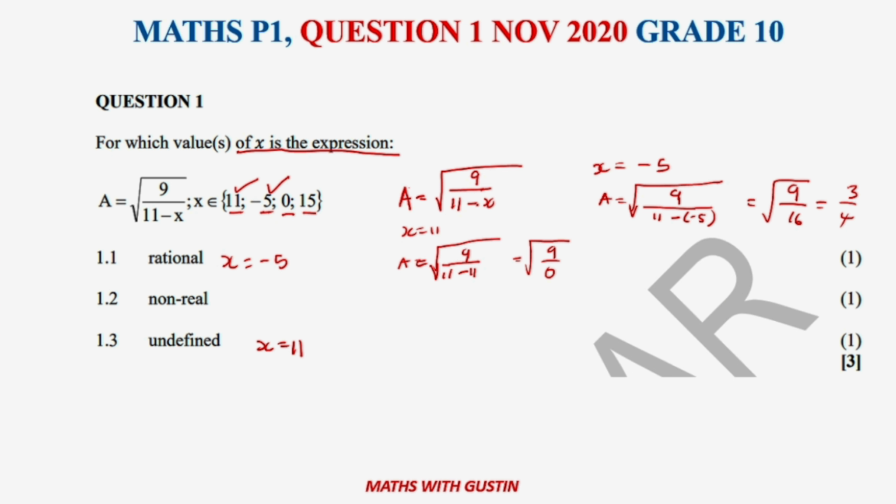So if you put 0 here, this is when x is equals to 0. We are going to have a is equals to the square root of 9 over 11, which is therefore 3 all over the square root of 11. Right, good stuff. So therefore, what does this mean?